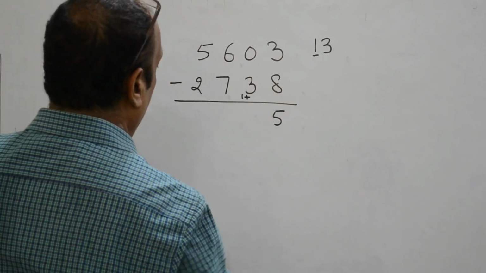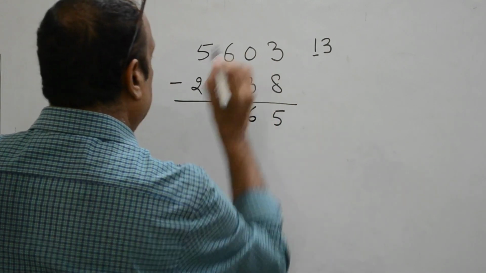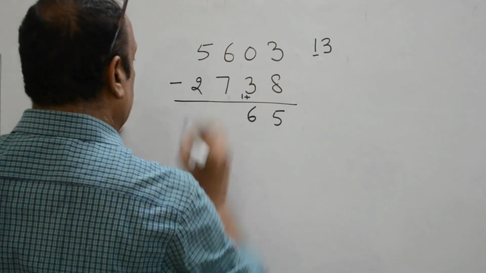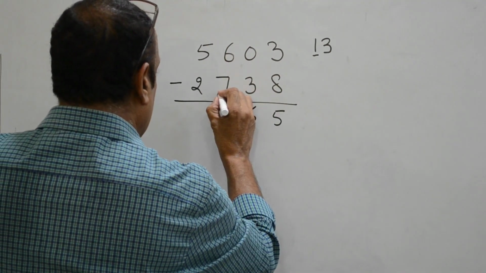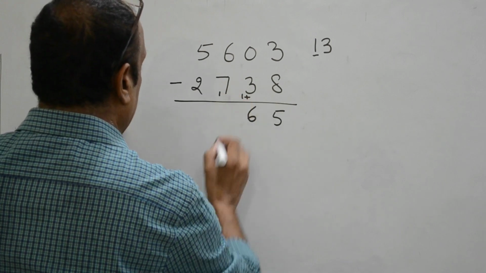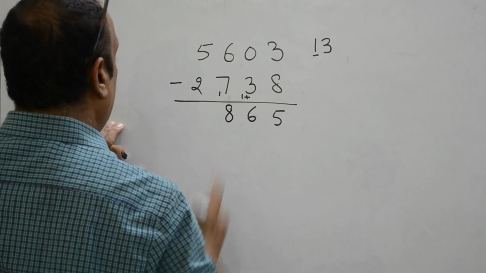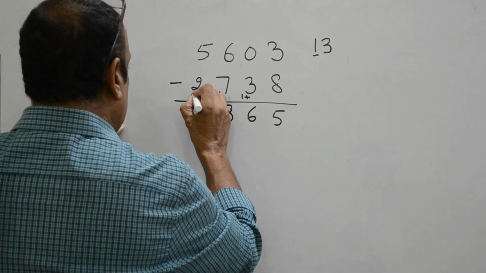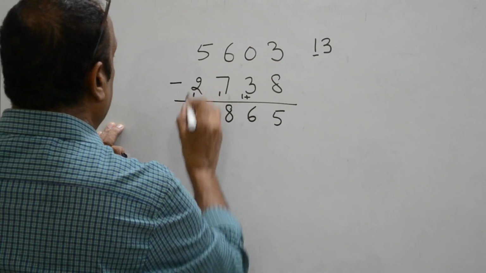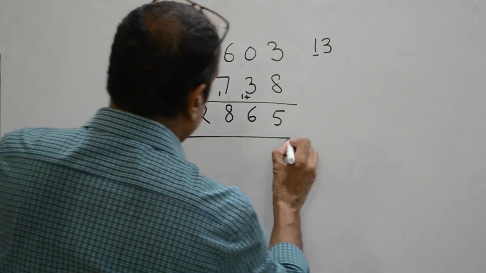So it becomes 4. To this 4, if we add 6, it becomes 10. Again there is one carry. That carry is added here. Now it is 8. To this 8, if I add 8, it becomes 16. Again one carry, and now it is 3. To 3, if I add 2, it becomes 5.